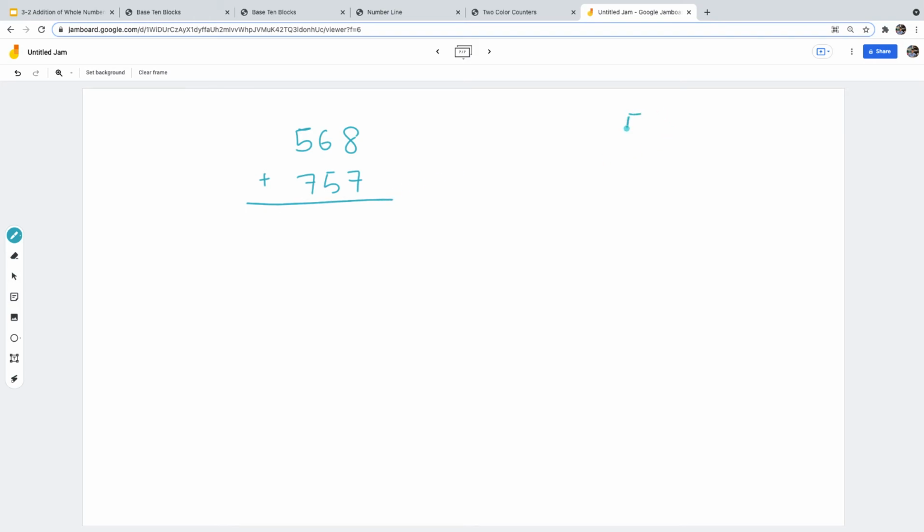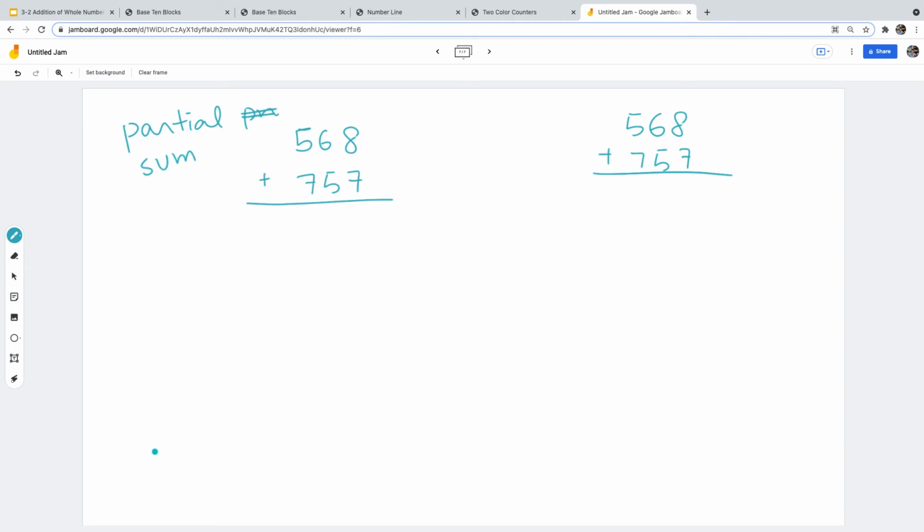Okay, I will show you both ways. 757. I will use partial product first. Not partial sum, not product. I keep saying product, I'm sorry, sum.